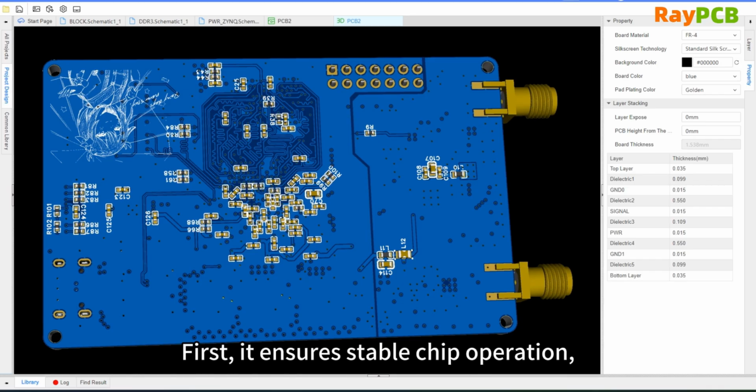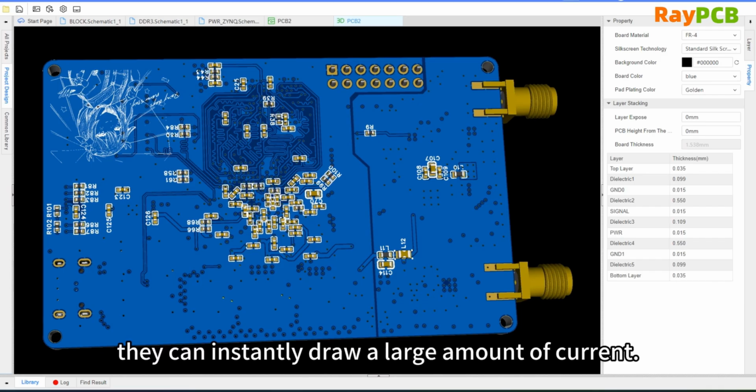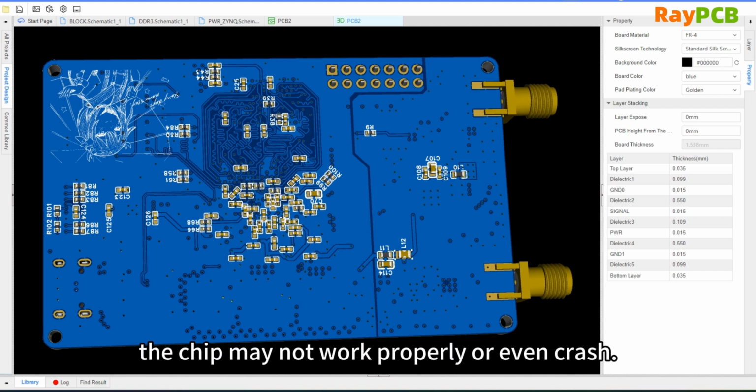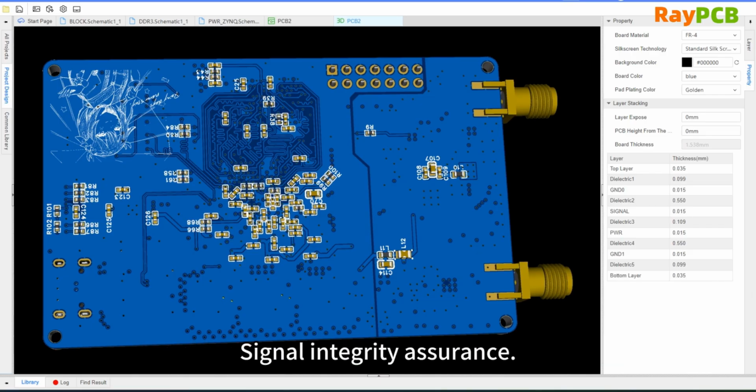First, it ensures the stable operation of the chip, especially high-speed digital chips, which during rapid switching can draw large currents instantaneously. If the power supply is unstable and the voltage fluctuates too much, the chip may not function properly or could even crash. It also ensures signal integrity.